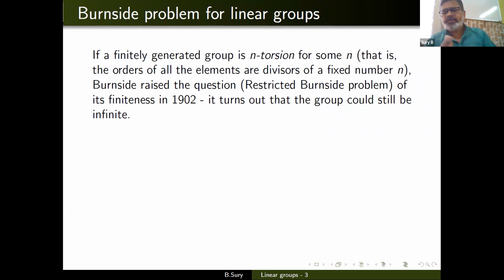If it is not finitely generated, obviously it need not be finite, because you can just take an infinite product of Z2 cross Z2 cross Z2 like that. So it's not finitely generated. If a finitely generated group has every element of order bounded by something, is the group itself finite? It's called the restricted Burnside problem.